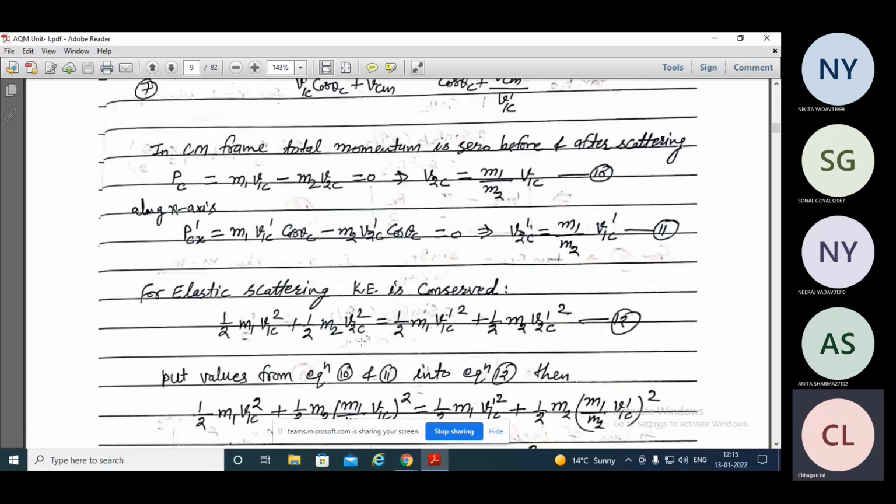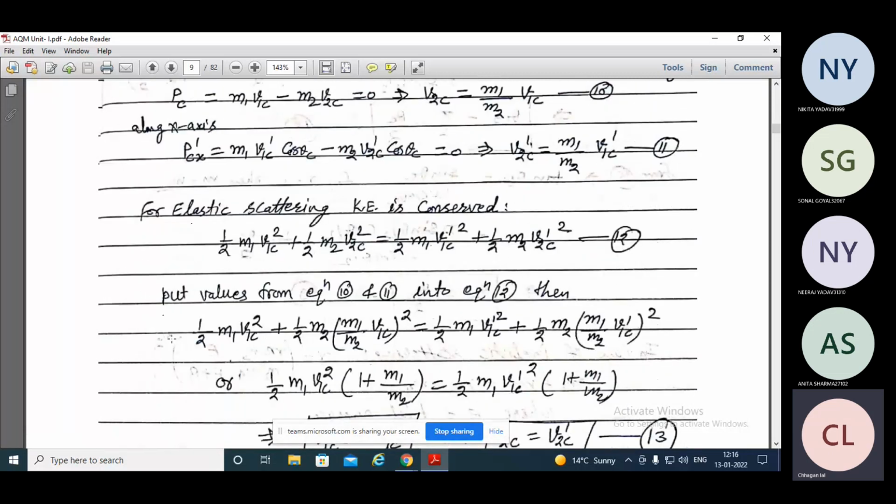Now from the relation of kinetic energy, we can write some equations for the elastic scattering. Half m1 v1C square plus half m2 v2C square equals half m1 v1C' square plus half m2 v2C' square. Here we can calculate v1C over v2C. If you want to calculate v1C, we can put v2C from equation number 10, and v2C' in terms of v1C' from equation number 11.